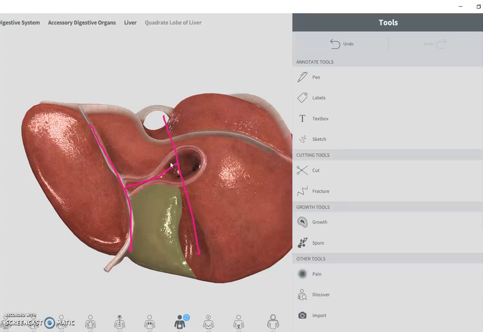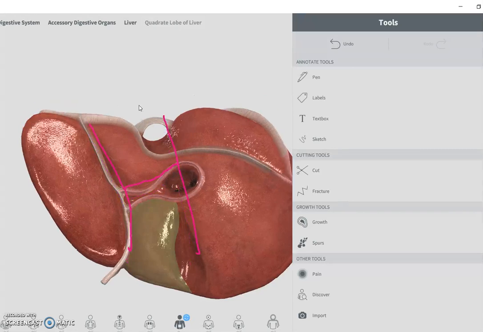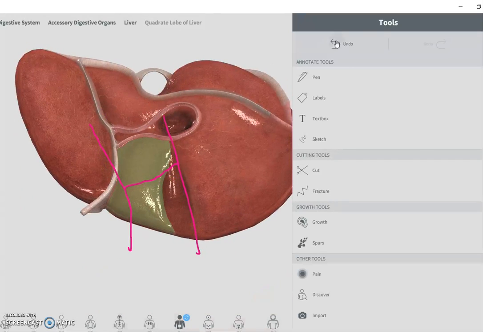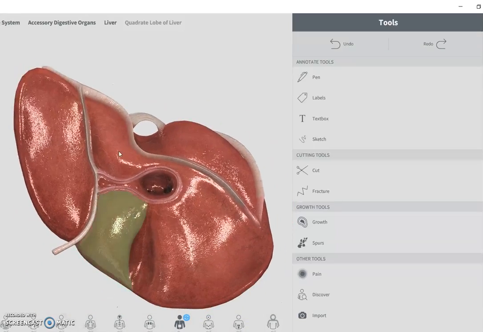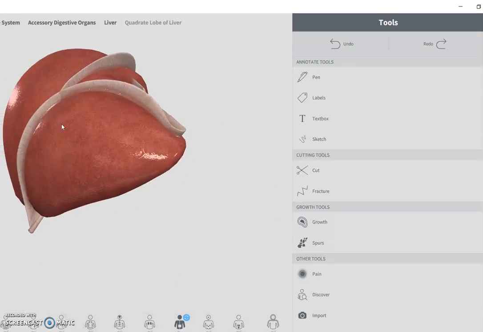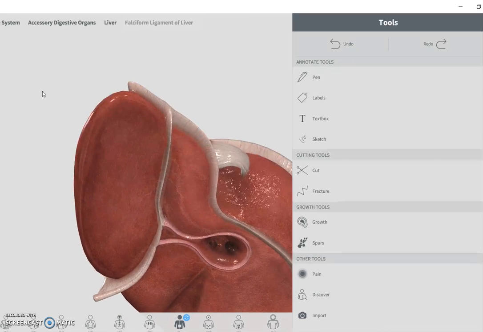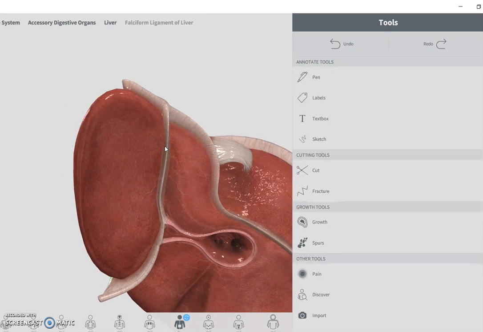Okay, one important thing is this. See here, this falciform ligament is on the diaphragmatic surface and its counterpart on the visceral surface is this left sagittal fissure or umbilical fissure.